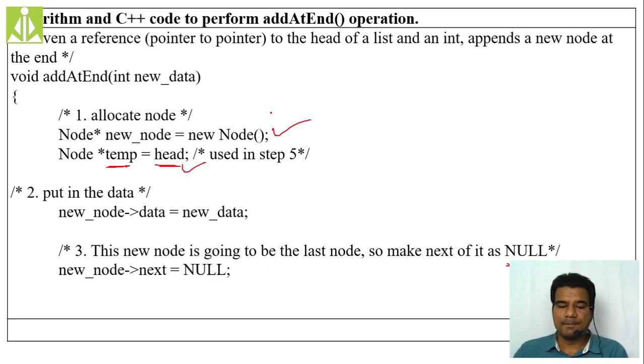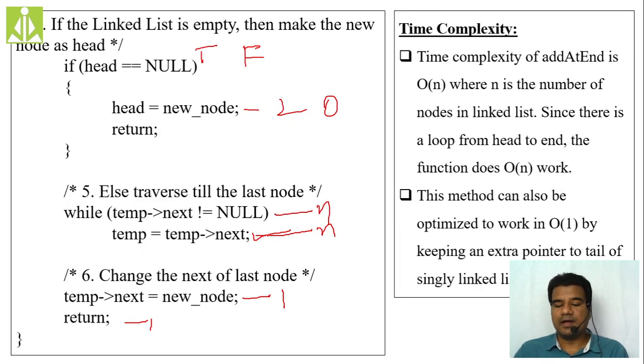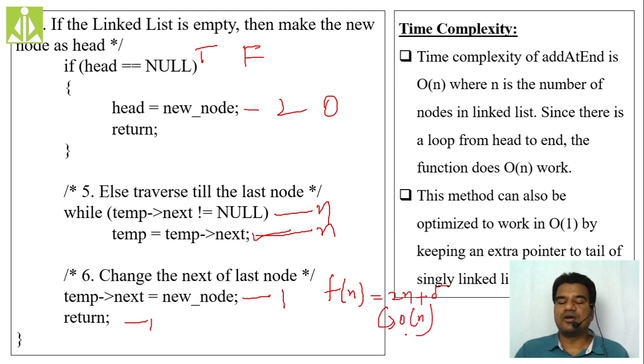Likewise here, this is 1, this is another 1, this statement is also 1, and this statement is also 1. So over here, 4 units of time. 4 plus 5, we will consider this as 0. 5 plus this is 2n. 2n plus 5. Our function f of n will become 2n plus 5. And what will be the order? Order of n.